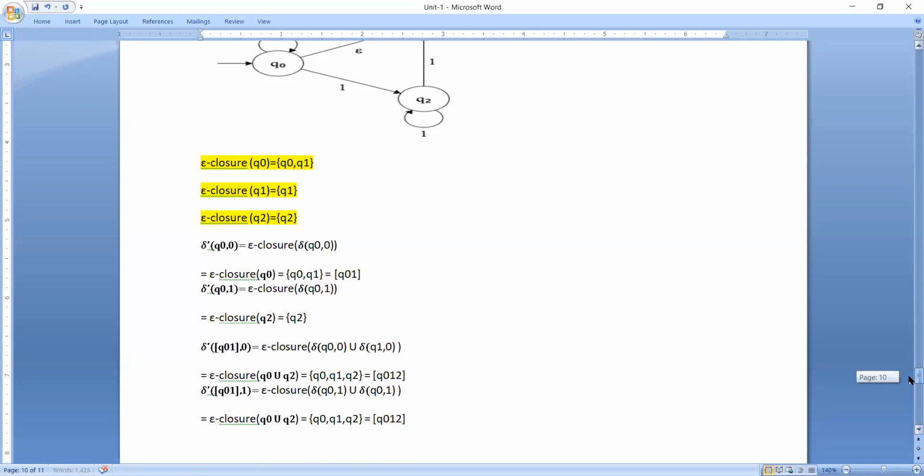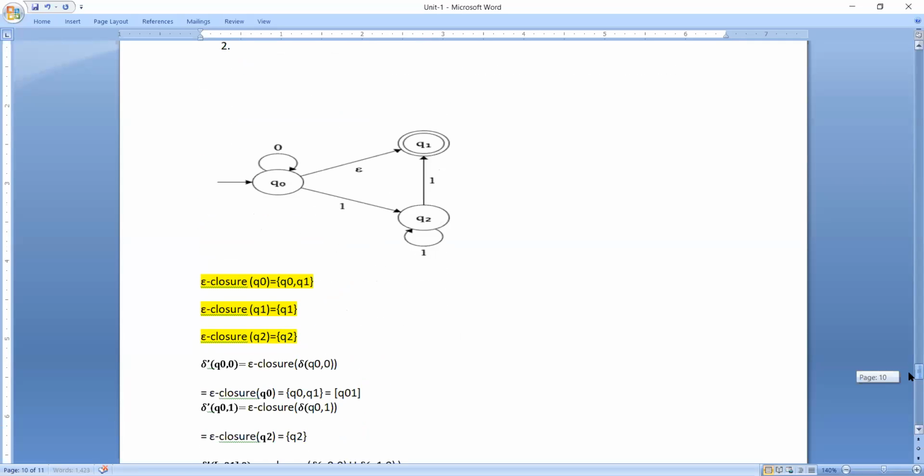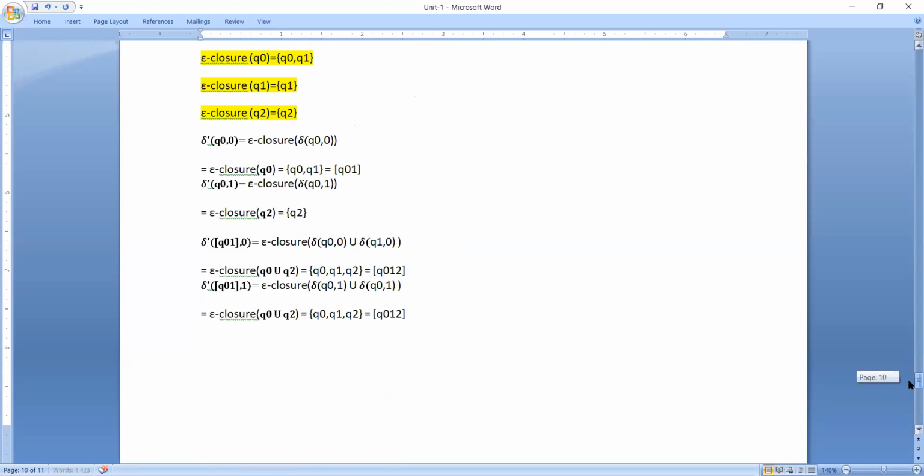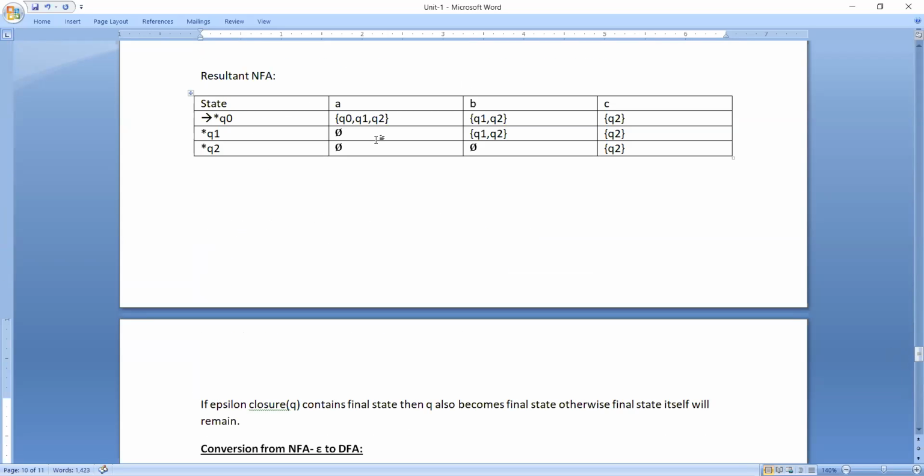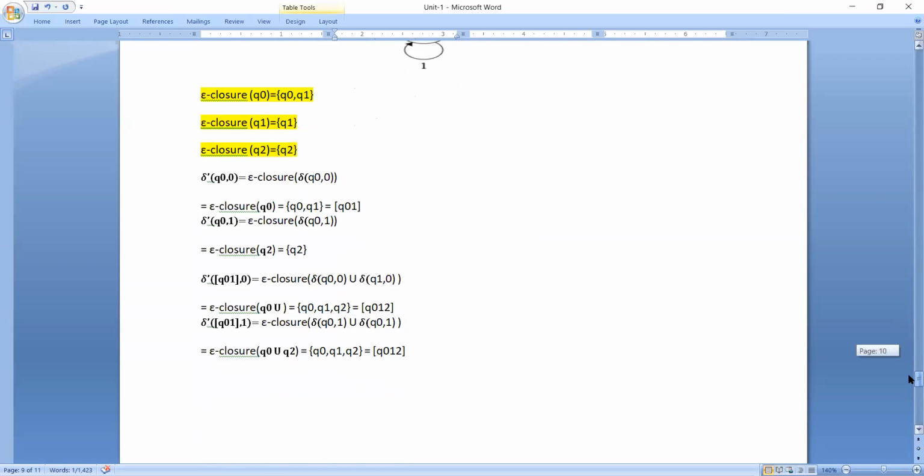So what is Q1 on 0? Please have a look at this. Q1 on 0, I don't have any transition. As I don't have any transition, obviously it will be phi. There is a small mistake committed, I'm sorry about that. So it will be phi. Okay, and epsilon closure of Q0 will be the same, Q0 Q1.